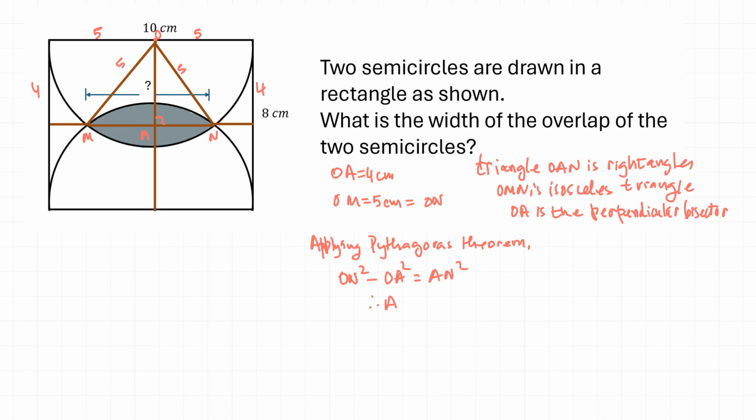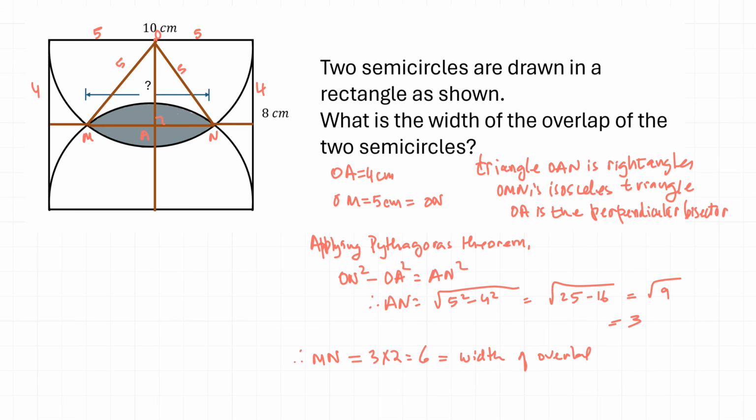So therefore AN is the square root of 5 squared minus 4 squared, that is the square root of 25 minus 16, that is the square root of 9, and that is equal to 3. And therefore MN is equal to 3 times 2, that is equal to 6, and that is the width of overlap, and that is the answer.